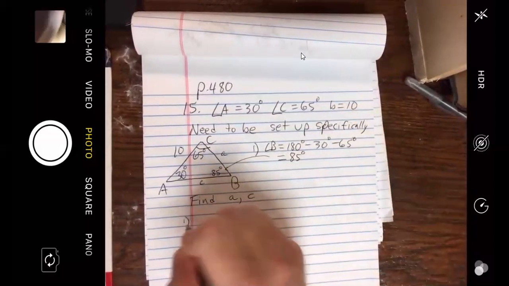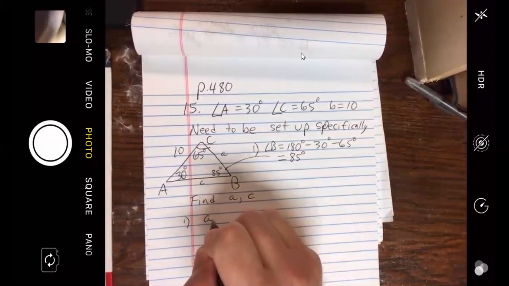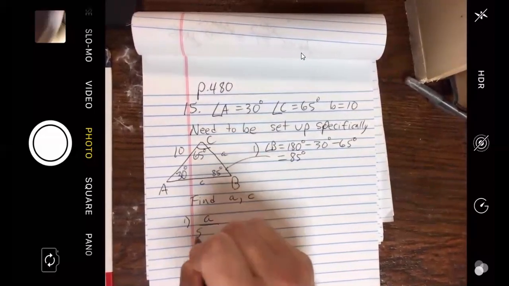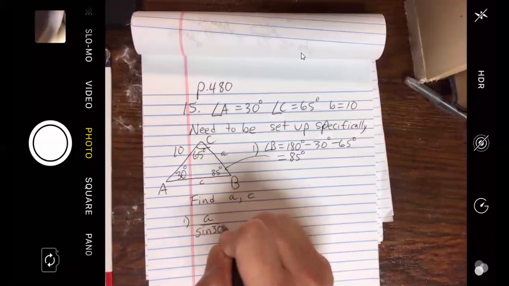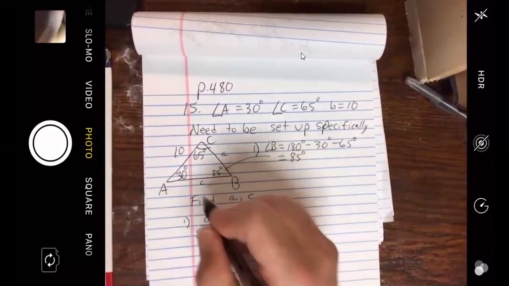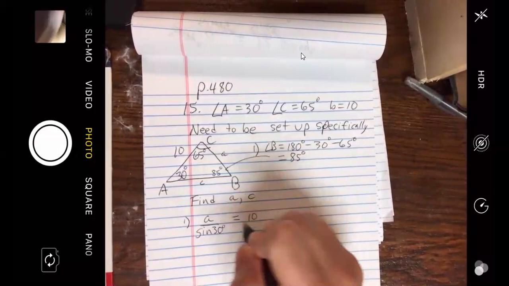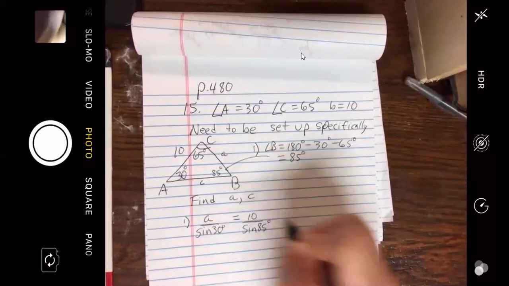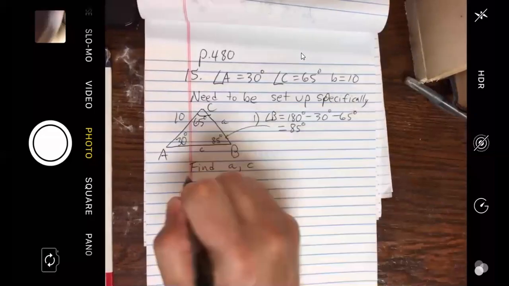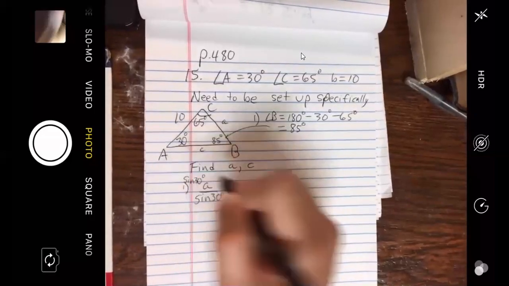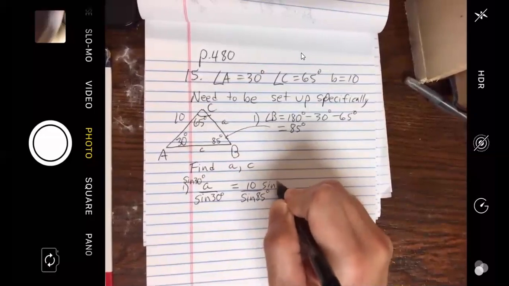I guess I'll go for a first. A over, again, sine of its opposite side, is then equal to, see, I can't use little c. I have to use the 10 over sine of 85. We seem to have frozen again. There we are. Multiply both sides by sine 30 degrees. See how the sines always work out on different levels?